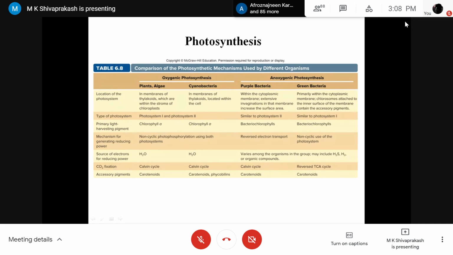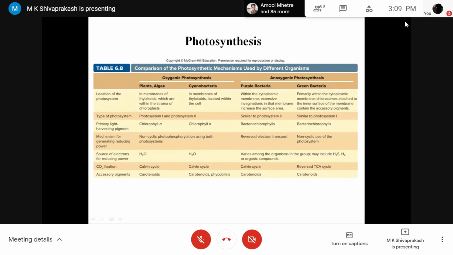Oxygenic photosynthetic bacteria have oxygen evolving photosynthesis similar to higher plants, whereas anoxygenic photosynthetic bacteria are represented by two major groups, that is green sulfur bacteria and purple sulfur bacteria.